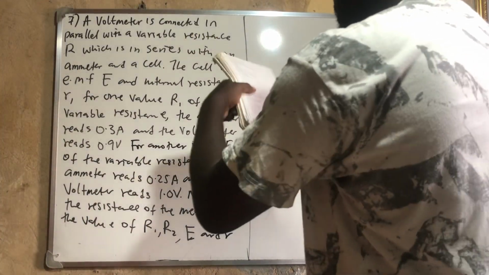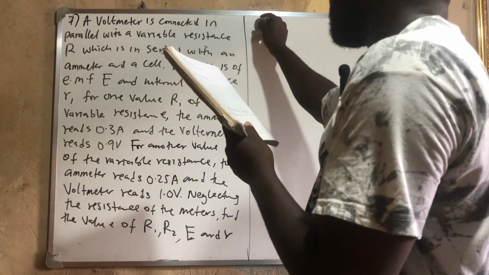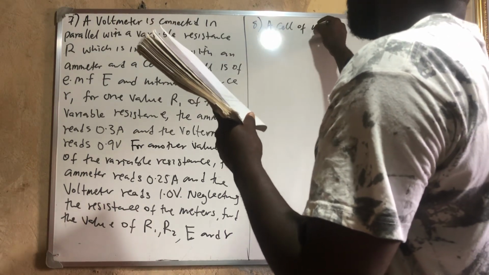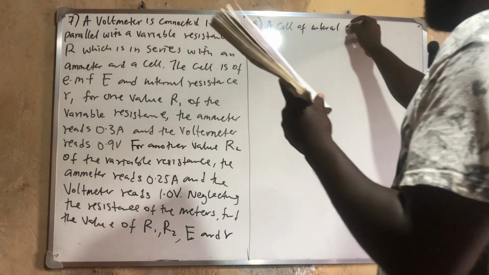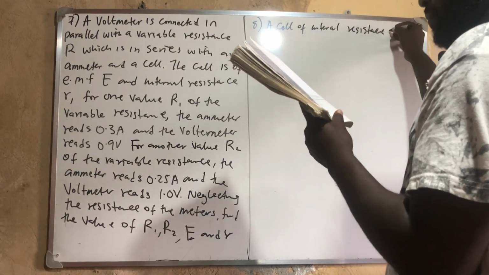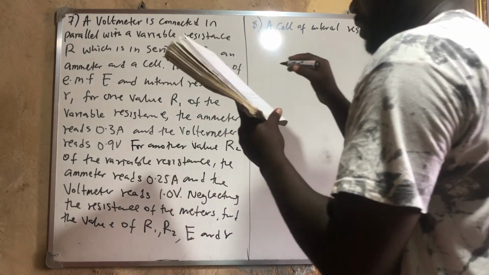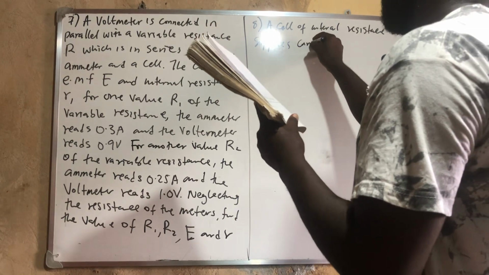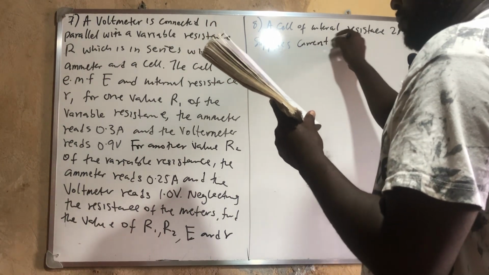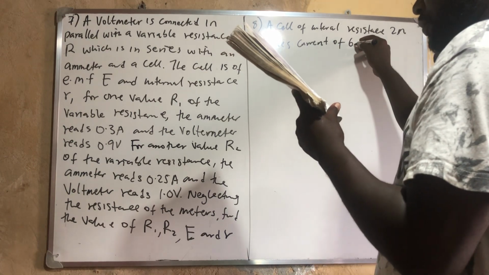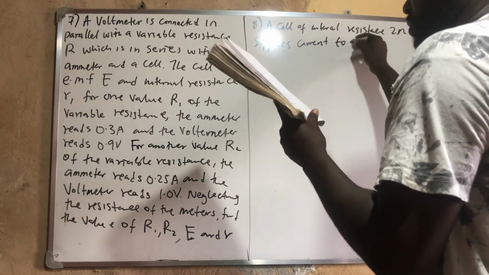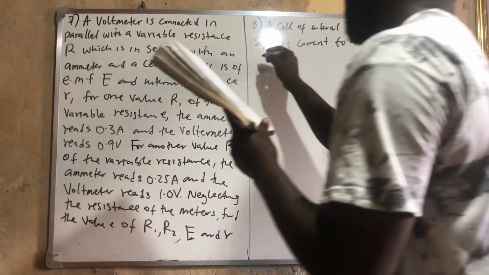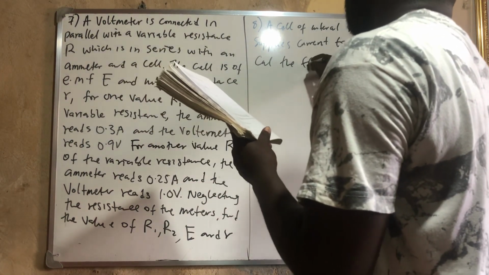Question number 8 said that a cell of internal resistance 2 ohm supplies current to a 6 ohm resistor. Calculate the efficiency of the cell.